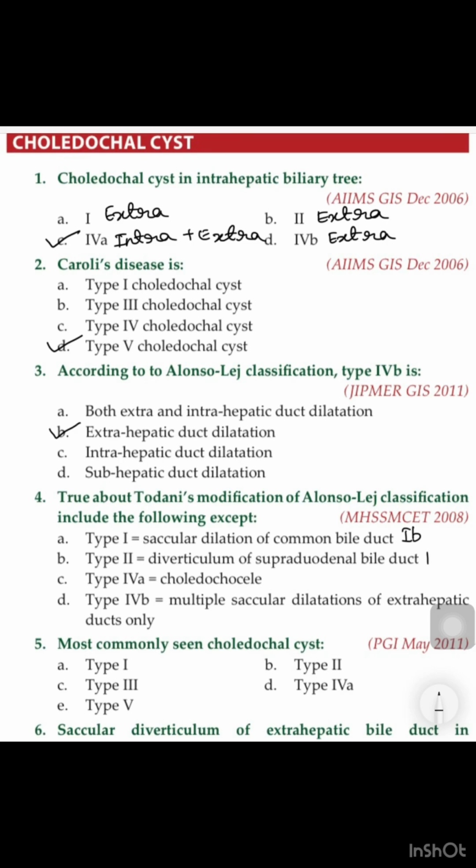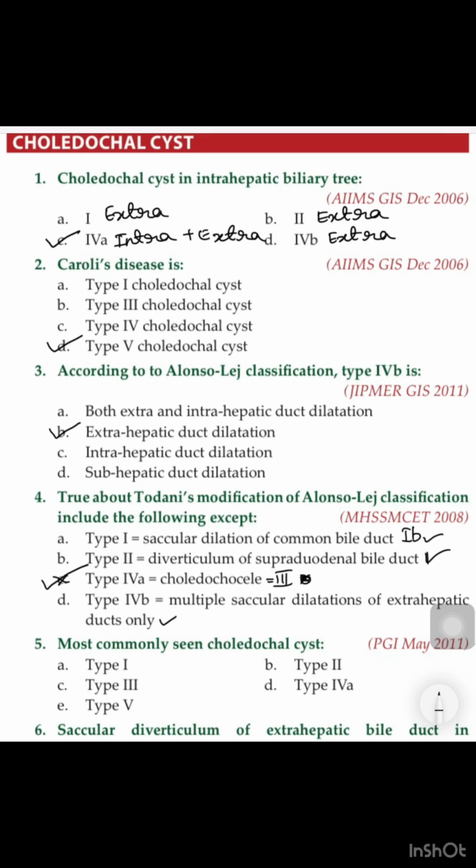That is also true. Type 4a is choledochocele. No, choledochocele is type 3. So this is a wrong statement. And type 4b is multiple saccular dilatations of extrahepatic ducts only. That is also correct. So the correct option is C.